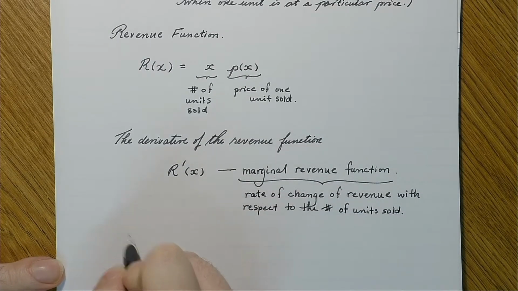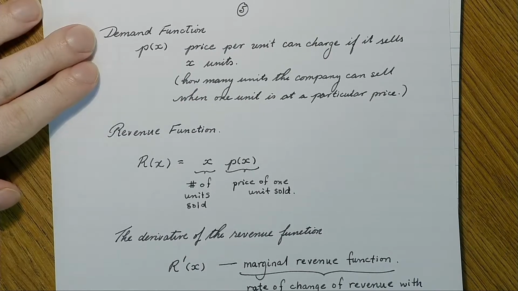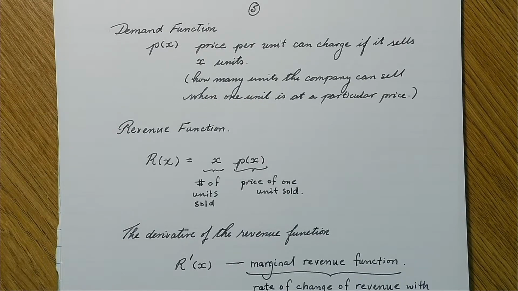Okay, so we have that. Now that we've done all of our definitions, we've got a cost, we have a demand, we have a revenue. We could take the derivative of the revenue, and we can take the derivative of the cost.